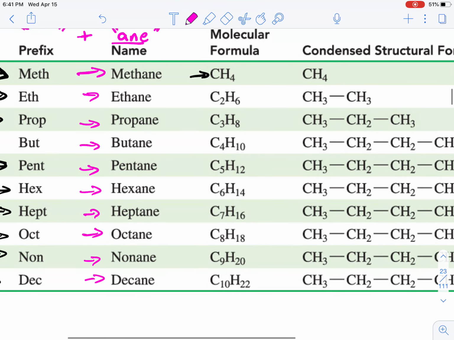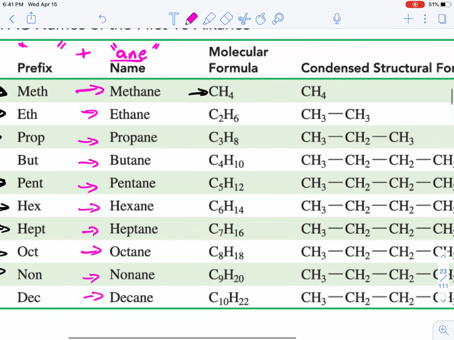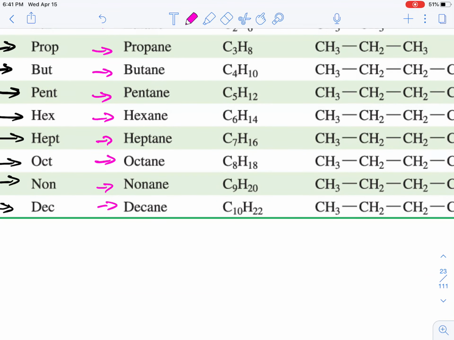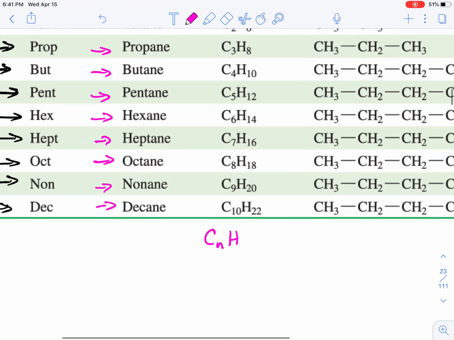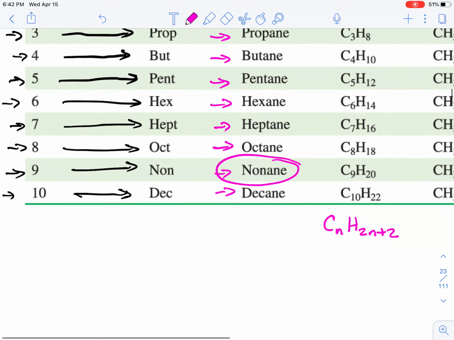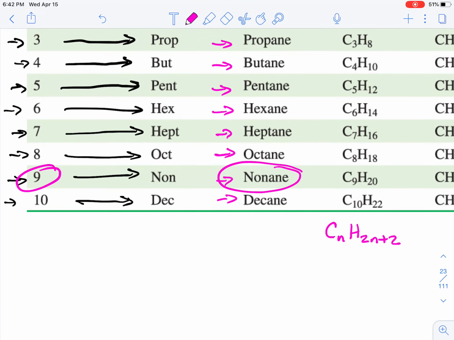And so to obtain the chemical formula, you can go ahead and use the equation CnH2n+2. Remember, n is representative of the number of carbon atoms. For example, nonane has 9 carbon atoms.